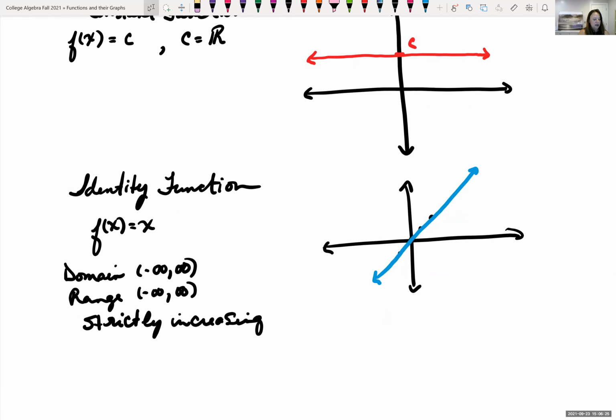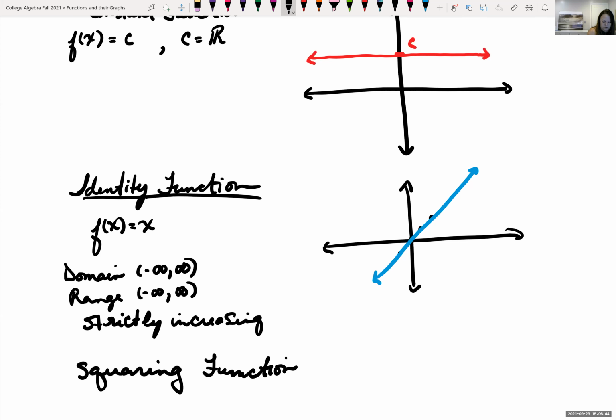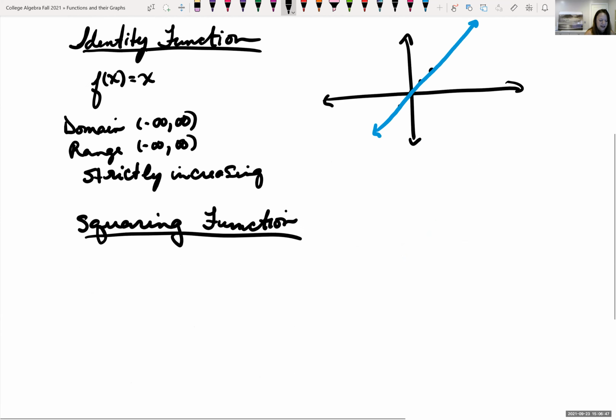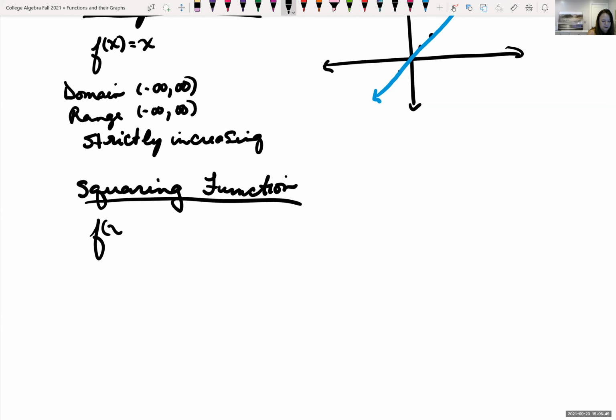Notice that this is strictly increasing. Okay, so the next one is our quadratic function, our squaring function. This is going to be f of x equals x squared. If we graph this function, it's a parabola, it faces upwards, and the vertex is at the origin.